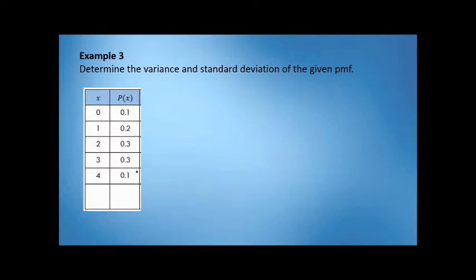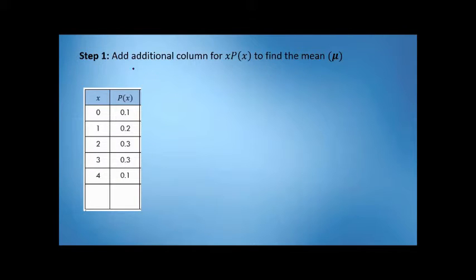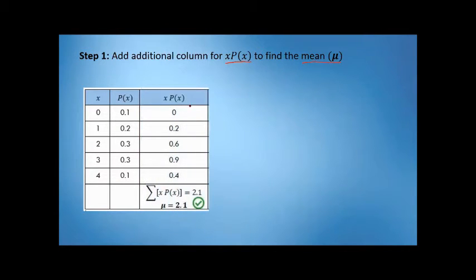In order to compute the mean, let's proceed to step number 1. Add an additional column for x times p of x, because we need that to compute the mean or expected value. We label it as x times p of x, which means the value of x times the probability.